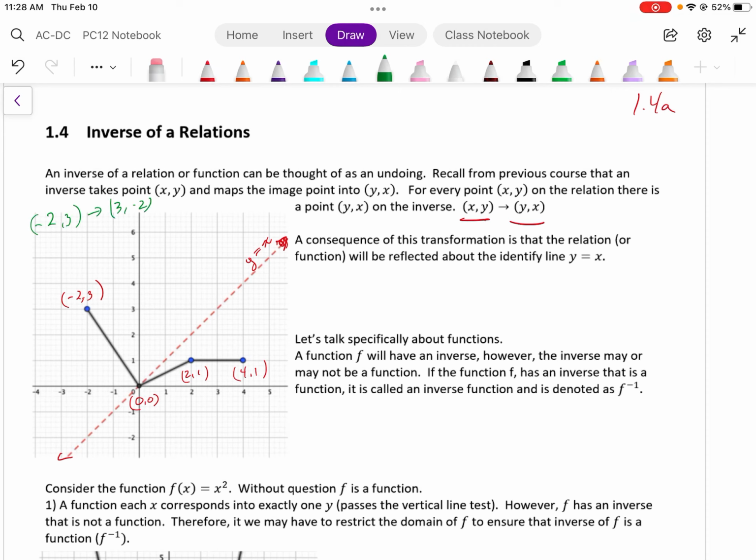So simply, I'm going to give this a name, A, just for clarification. A will map into the inverse. And if I call this point B, well, point (0, 0), I'm going to switch the x's and y's. It will map into point (0, 0).